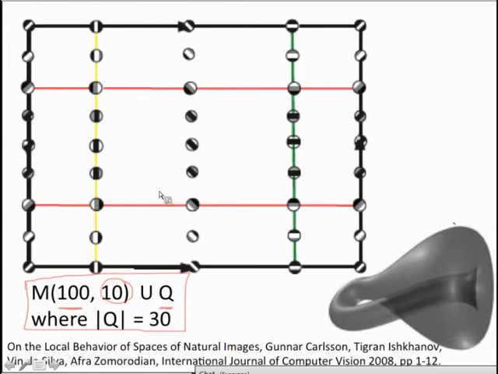So some of these points here are not as dense as the others, but they found these extra 30 points that, if they threw them in, filled out this nice Klein bottle. If you want to see how they chose those 30 points, you can read On the Local Behavior of Spaces of Natural Images by Gunnar Carlsson et al. But I'm just going to be using this to motivate zigzag homology.